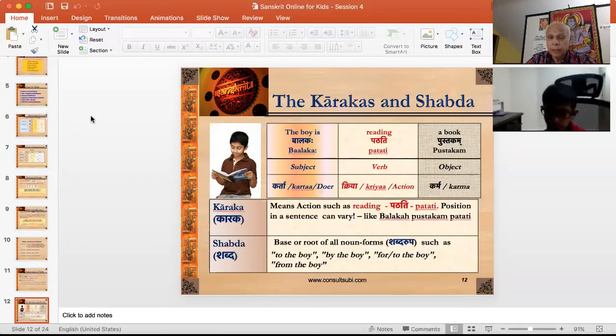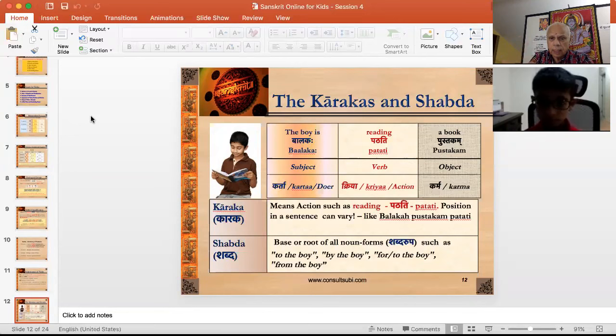And shabda, or the base or root of all noun forms, such as to the boy, by the boy, for the boy, and from the boy. These are all different forms of the nouns. They are called shabdams. And you will know more about this shabdam as we go on. So there are 2 important aspects.